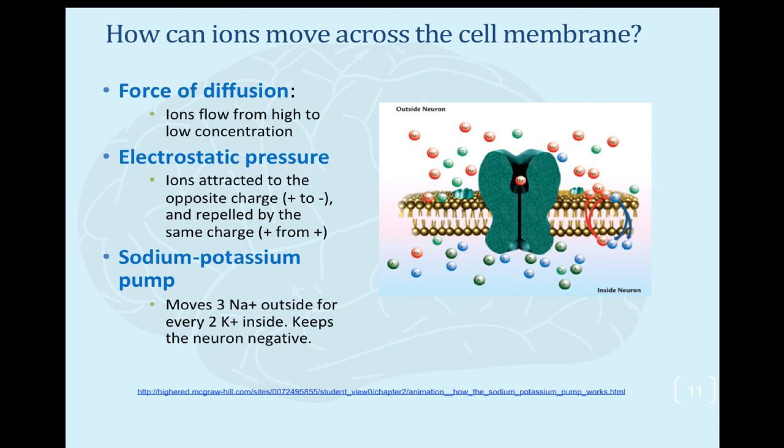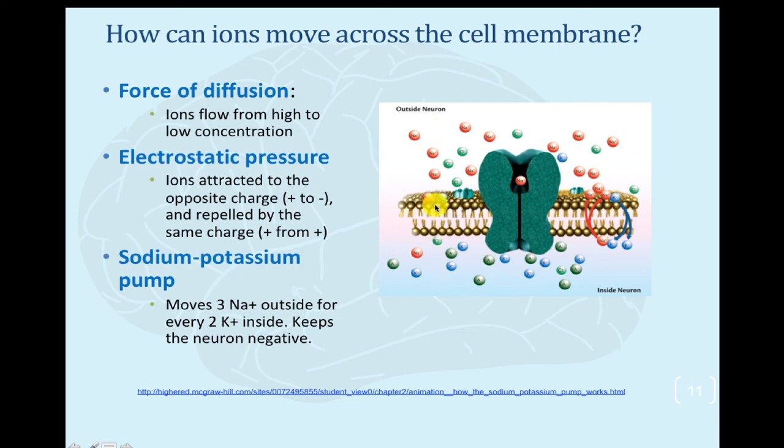And this also applies in this case to if there's a positive ion on the outside of the neuron, like this red sodium, and the inside of the neuron has more negative ions, then guess what? Every positive ion out here, including the sodium, wants to go in.